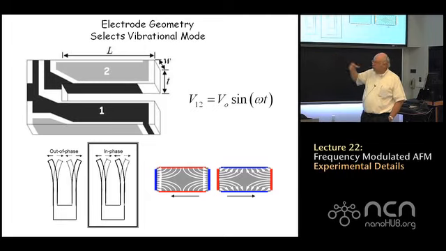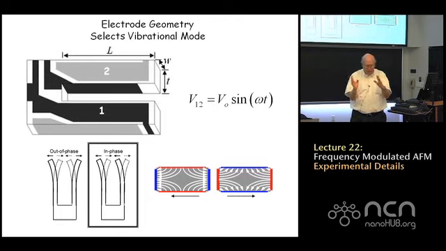It's a really neat package, because the in-phase mode of oscillation, where the tines of the tuning fork oscillate in phase with respect to one another, is excited at the frequency omega of the voltage that you apply.